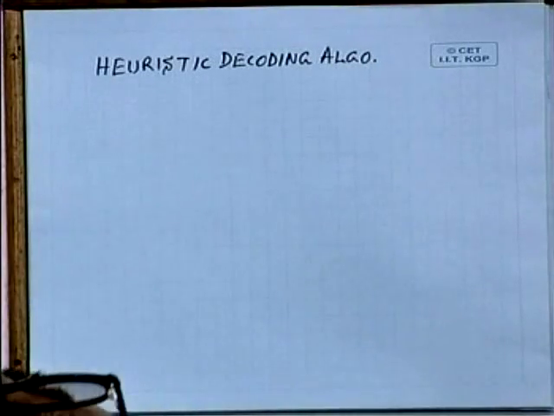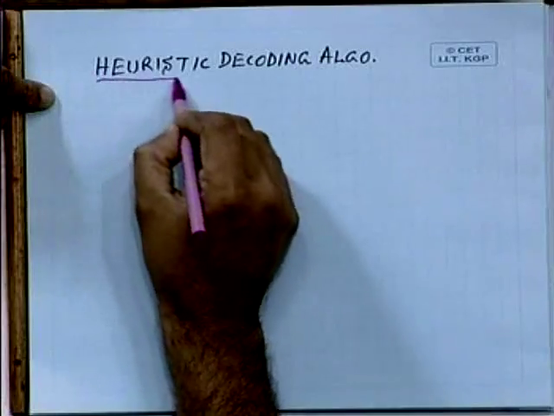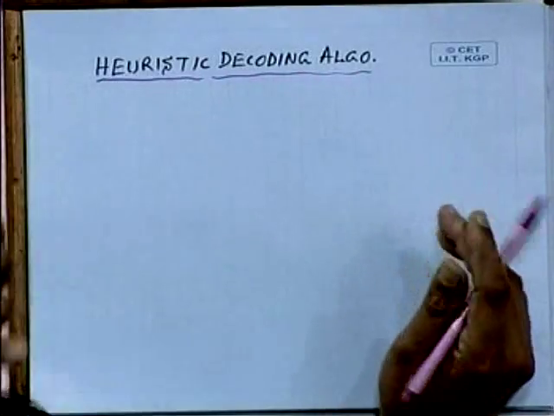What is the issue when we are considering a binary block code? We remember that a binary block code means there will be a block of n bits which will form a code word. Out of these n bits, k bits will form the message bits, and the remaining n minus k bits we have called parity bits.